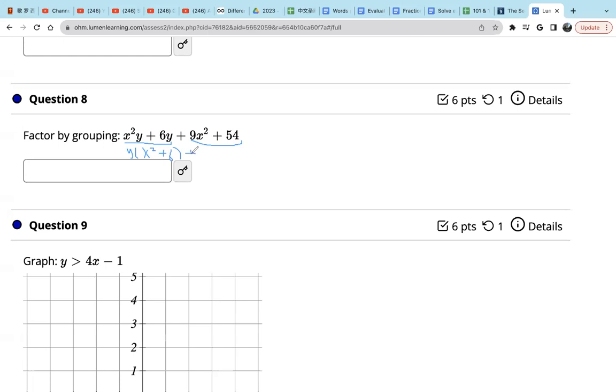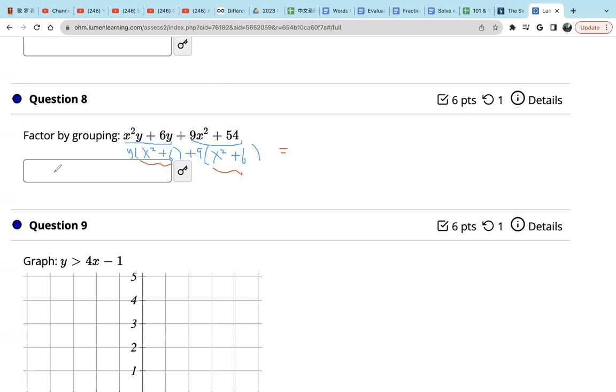And these two, we want to do the same. We want to factor out 9. 9, then we have x squared. 6 times 9, that's 54 also. See, now we have x squared plus 6, x squared plus 6 as a common factor.